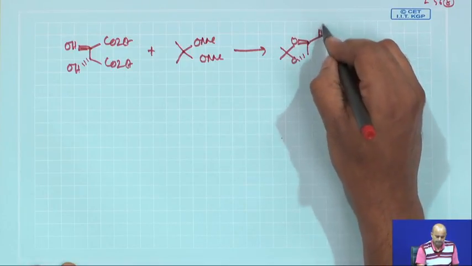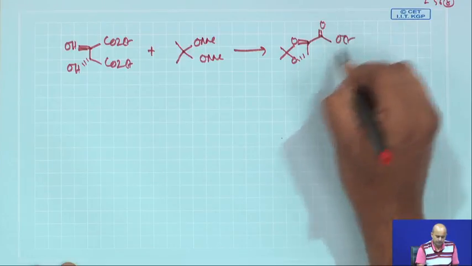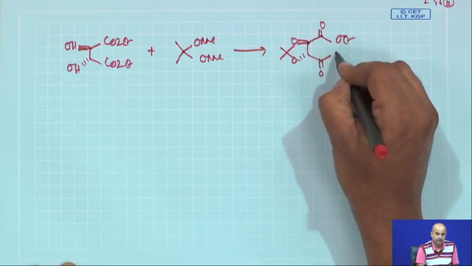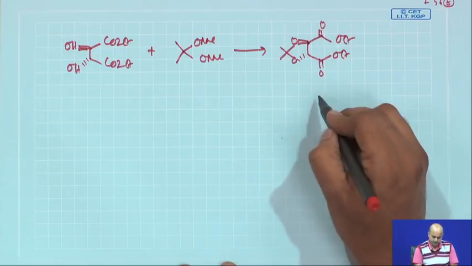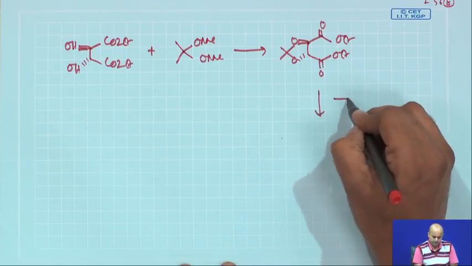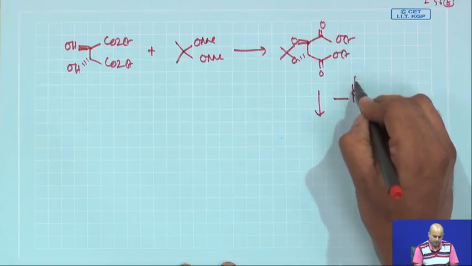Okay. So, you will get this acetonide protected diethyl tartrate, fine. Next, I am saying that you react with a methyl phosphonate.